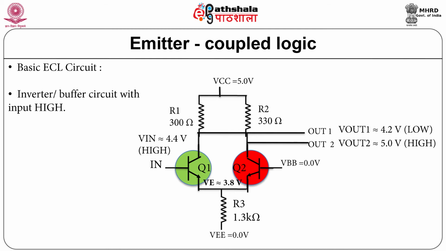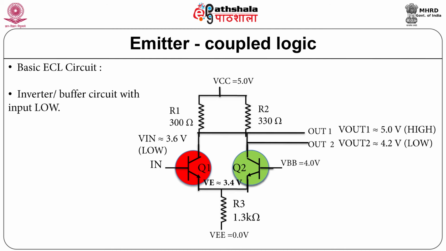When Vin is low, transistor Q2 is on but not saturated and transistor Q1 is off. Thus, Vout1 is pulled to 5 volt through R1 and it can be shown that Vout2 is about 4.2 volt.